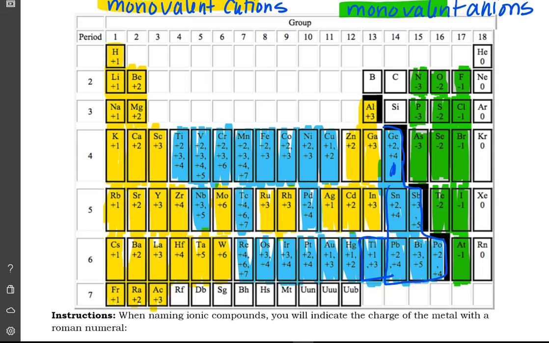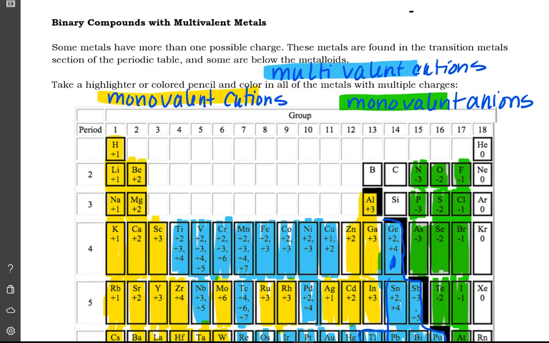All right, so what does this mean? Well, if we want to talk about iron sulfide, you'll notice iron could have a +2 charge or it could have a +3 charge. Sulfur has a -2, so if it's iron +2, we write it FeS because that adds up to 0.